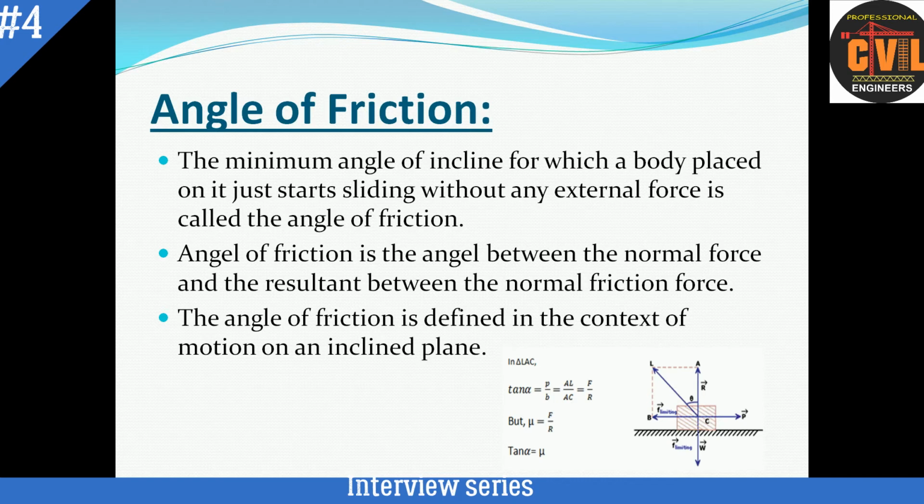So the definition of angle of friction is that it is the minimum angle of incline for which a body placed on it just starts sliding without any external force. That is the angle of friction.